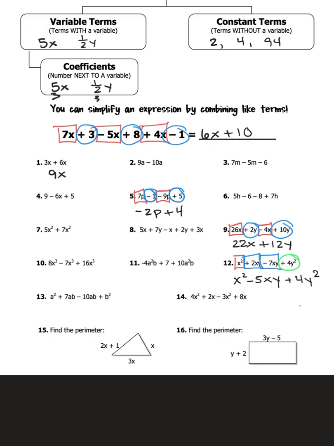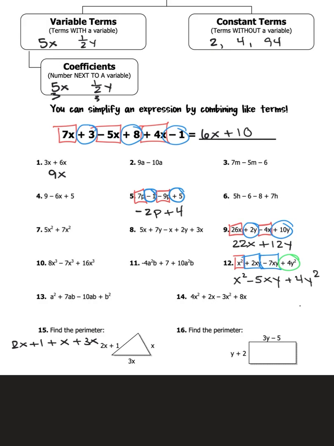All right. So the next thing we can also do is apply this with different applications. For example, looking at number 15, I have find the perimeter. So remember when we find the perimeter, we're just simply adding up all the sides. So in number 15, we are finding the perimeter of the triangle by adding up the sides. So I have 2x plus 1 plus x plus 3x.